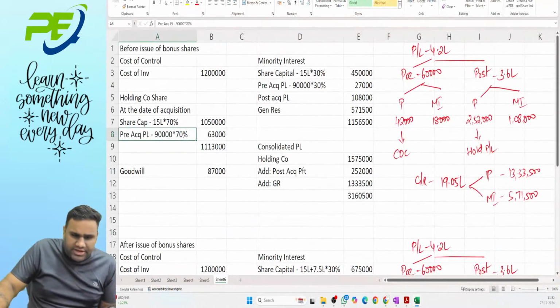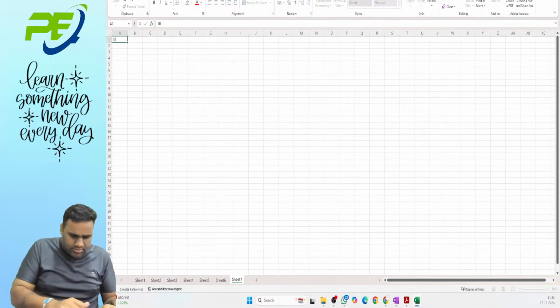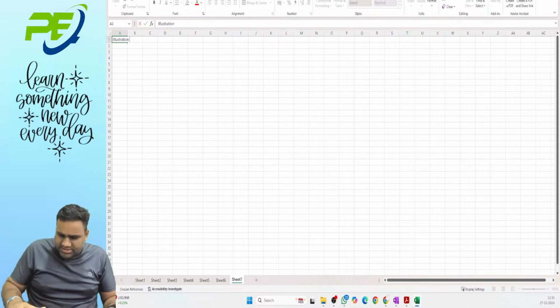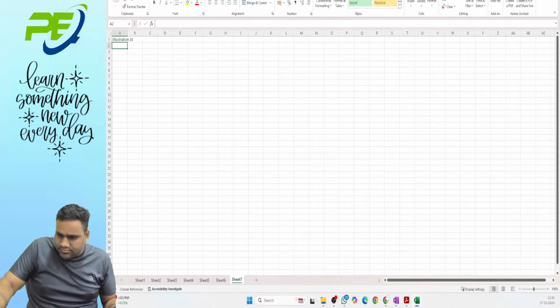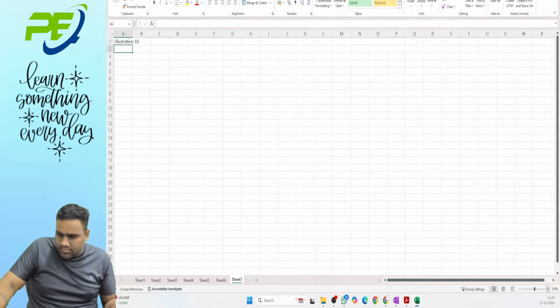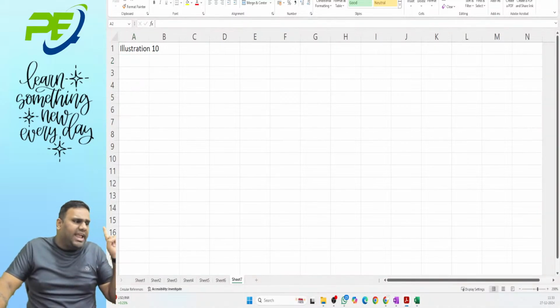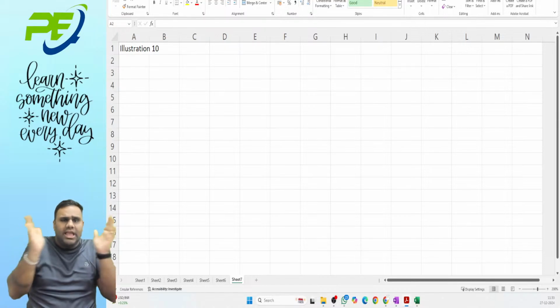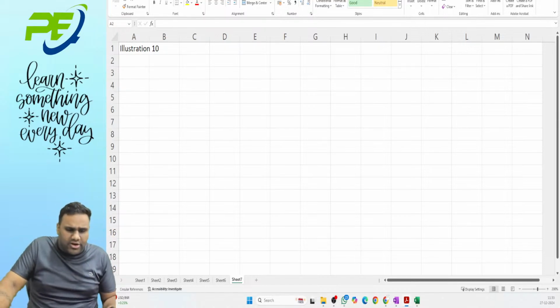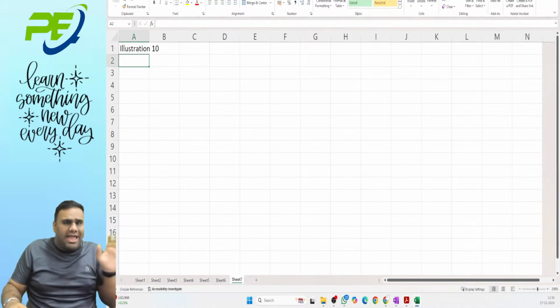So the last problem we did was 9. So now illustration 10. What did I say for consolidation? It is simple one-to-one addition. Now generally when we prepare, what is the title we write? Balance sheet.